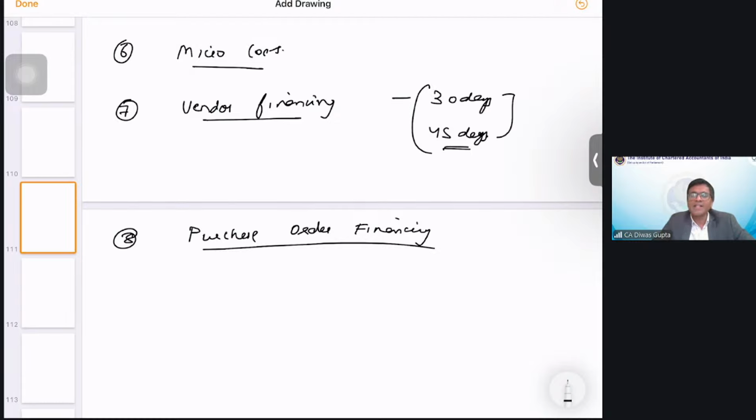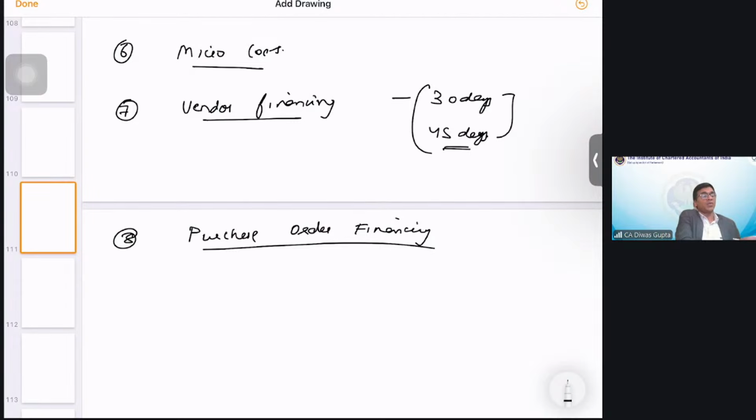Now, if I am a supplier and I receive a purchase order, I will need funds to service that purchase order, because only then will I be able to make products at my end. For that, the required financing will come from the person who has given me the purchase order.